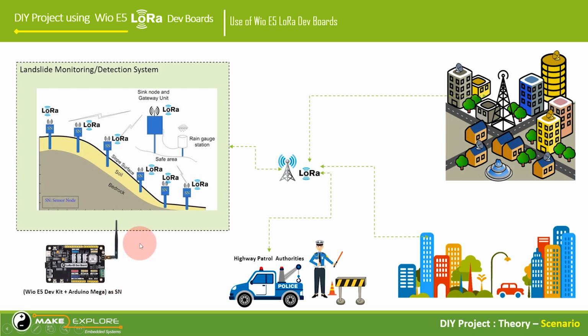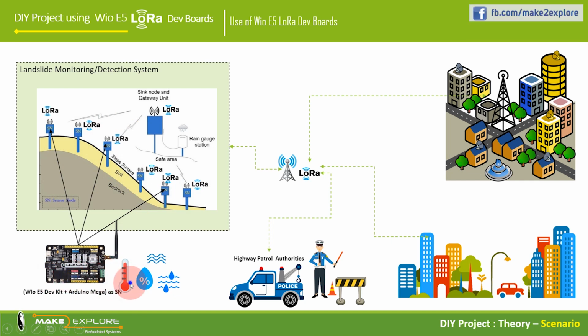In an actual landslide monitoring system, there will be multiple sensor nodes for covering the whole downslope area, but for the sake of design simplicity, we will simulate only 7 sensor nodes using Wio-E5 Dev Kit and Arduino Mega 2560, which includes 2 soil moisture sensors, 1 MEMS accelerometer, a tipping bucket rain gauge sensor, vibration sensor, and temperature and humidity sensor.